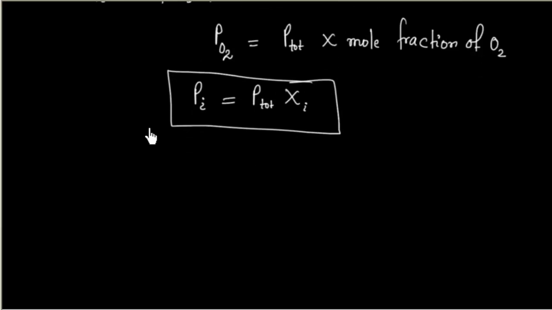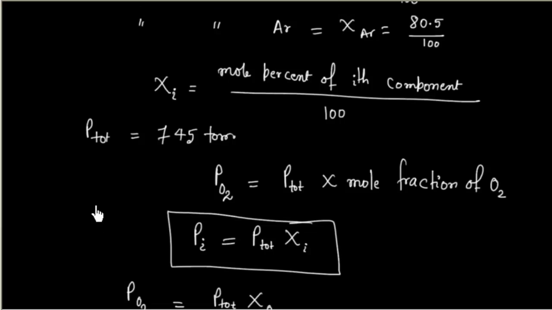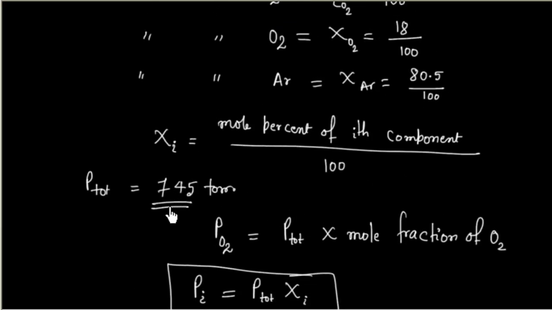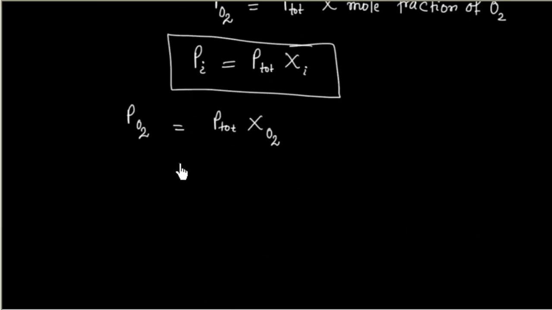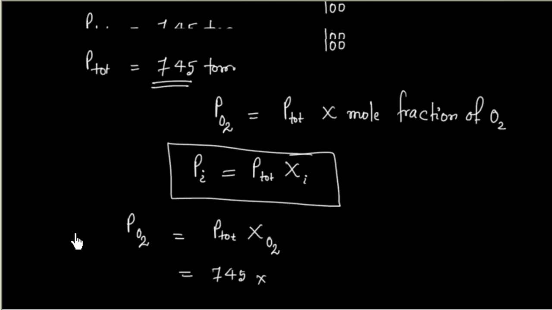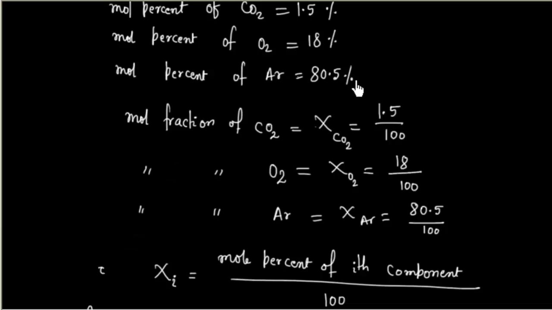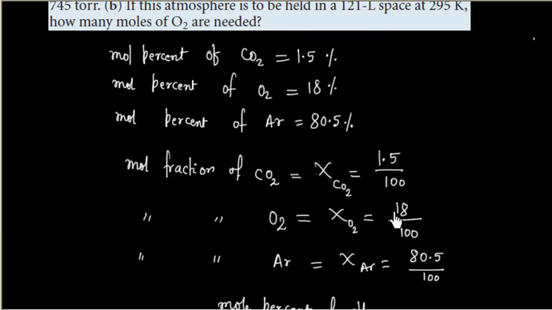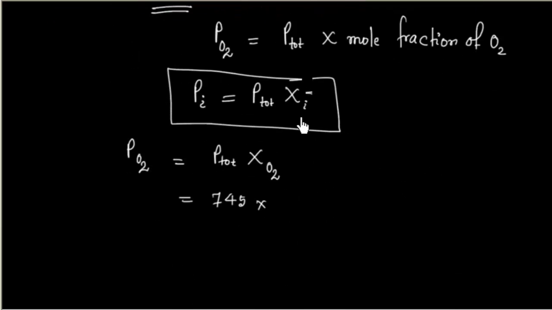If I apply this formula for oxygen, I will have PO2 is equal to P total times the mole fraction of oxygen. Now P total is 745 torr, so this is 745 multiplied by the mole fraction of oxygen, which is 18 by 100, that is 0.18.